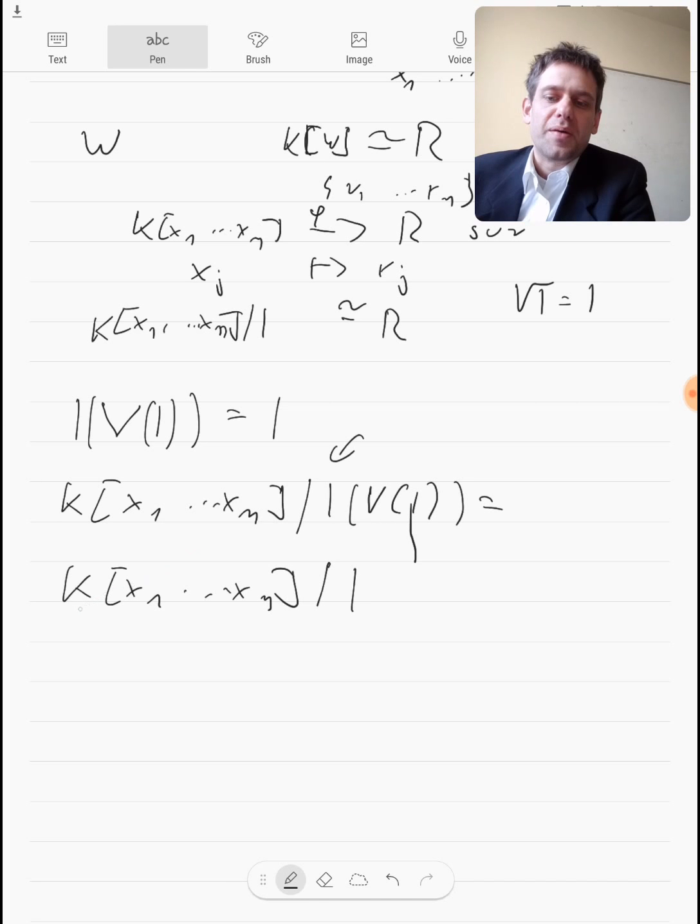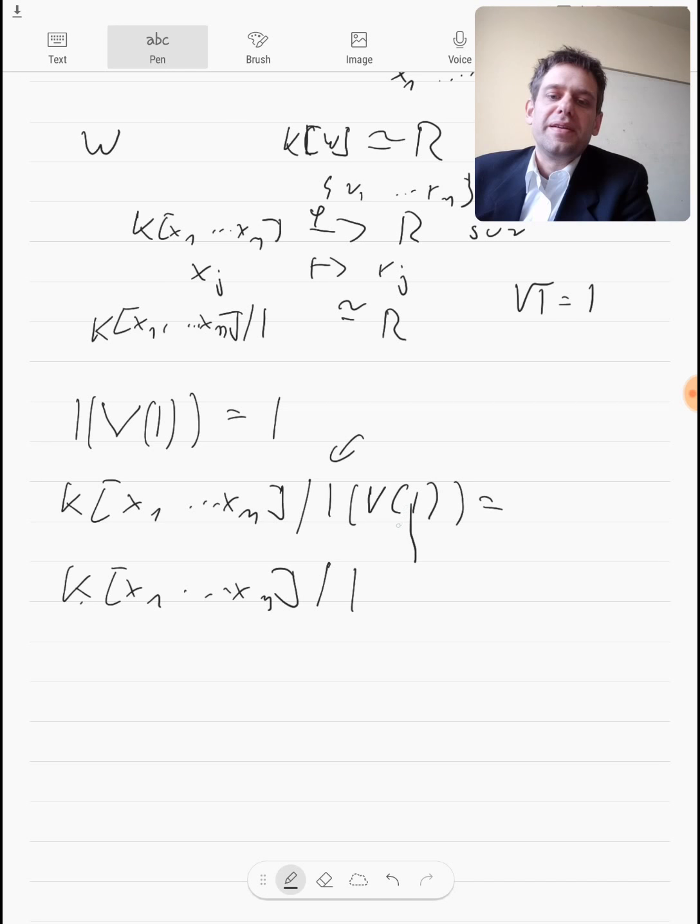And now we have shown that this is the same as k[x1,...,xn] divided by I. But we know that k[x1,...,xn] divided by I is isomorphic to R.